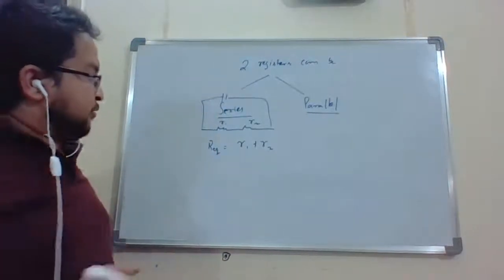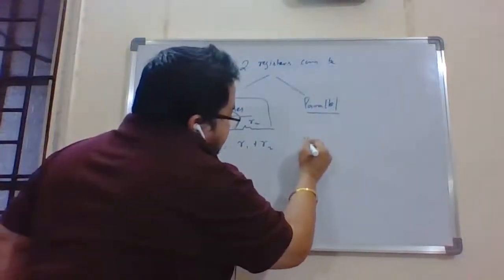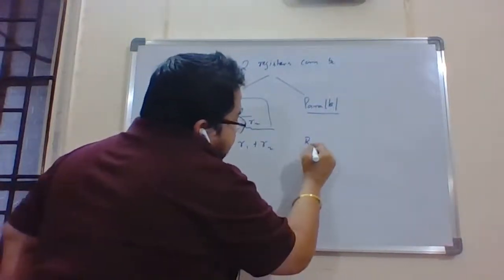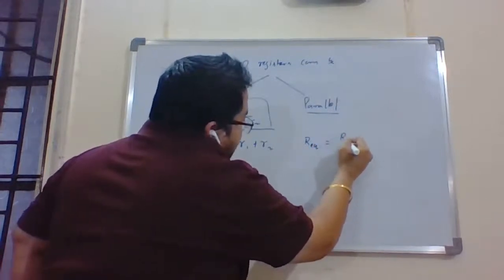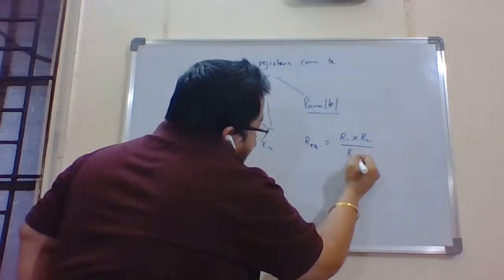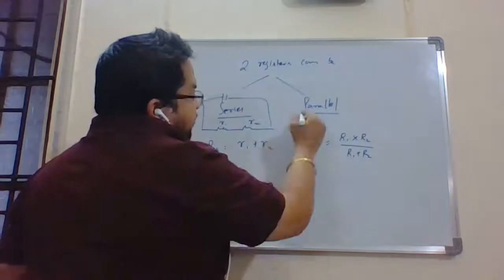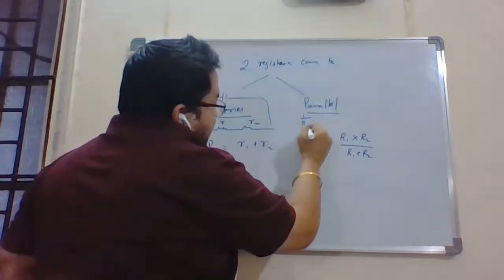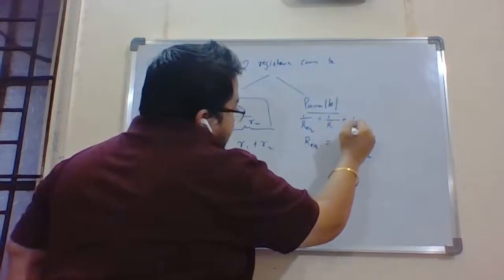Similarly, when they are in parallel, the equivalent resistance across them, R eq, would be equal to R1 into R2 by R1 plus R2, and this is derived from a formula that is 1 by R equivalent equals 1 by R1 plus 1 by R2.